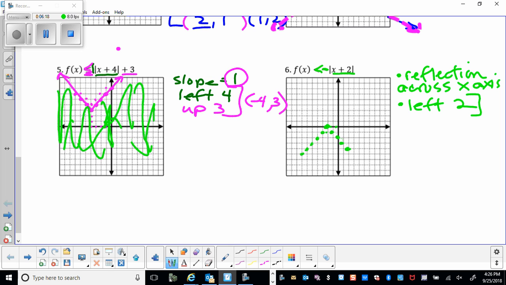So it's going to be dotted, so I'm going to have the dashed lines. So I got a dashed line, and it's going down, -1 is my slope. And now I just have to shade, and it says less than, so that would be all these points underneath the absolute value. And that's that.